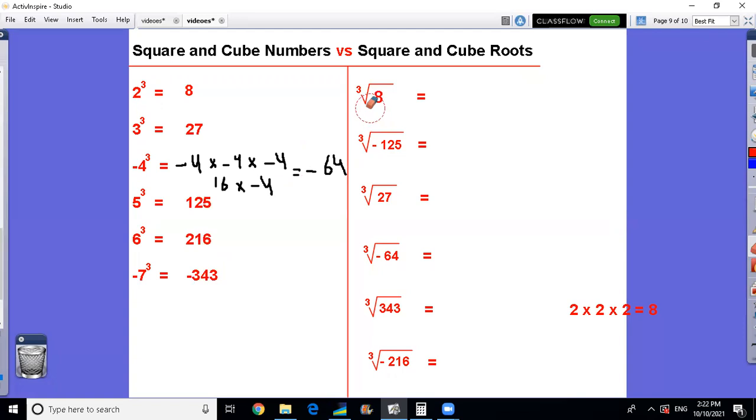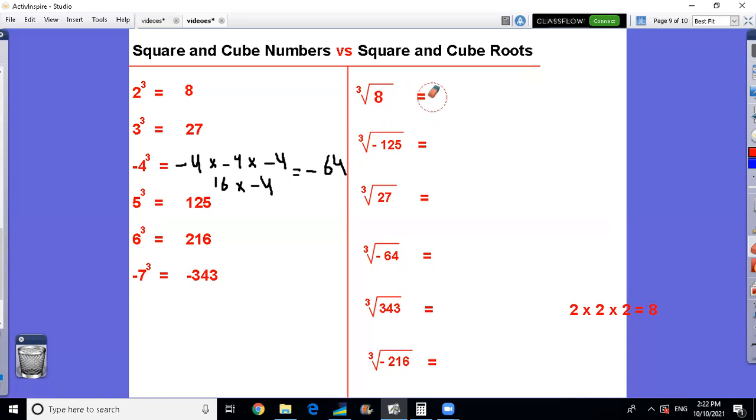How can we get the cube root of 8? What does this mean? It simply means what's the number that when it's cubed, so what number cubed gives you 8? Or what's the number that when you multiply by itself 3 times it is going to give you 8.